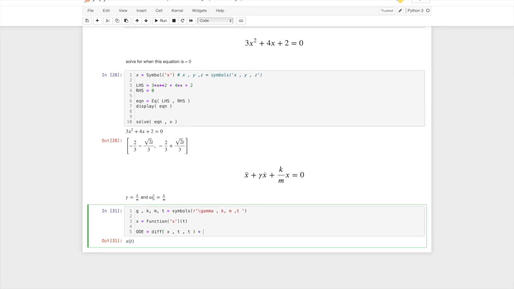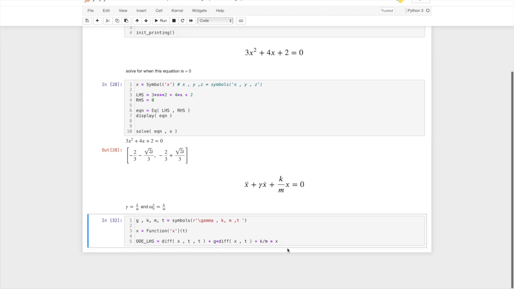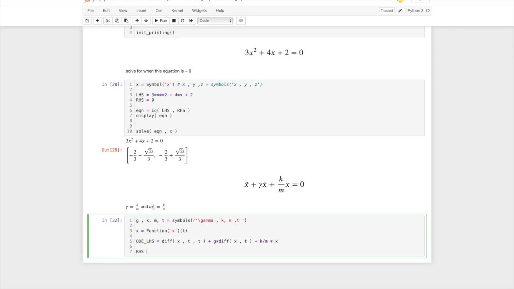And we're going to do G times diff(x, t), plus k divided by m times x. That's our left-hand side, and again the right-hand side is equal to 0, but we don't actually need that. And let's display our ODE left-hand side.